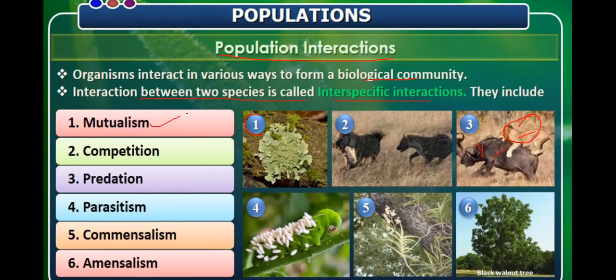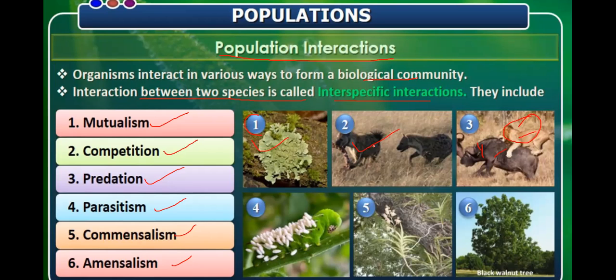So population interaction is of different types. First is mutualism. Second, competition. Third, predation. Fourth, parasitism. Fifth, commensalism. And sixth, amensalism. So this is an example of mutualism. This is an example of competition. Competition is more dangerous because your resource requirements are the same.